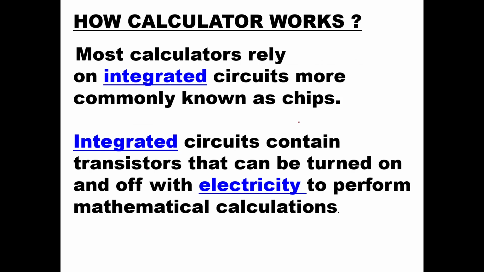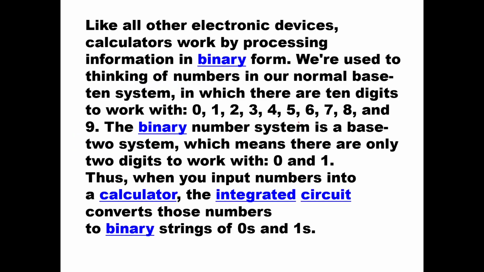Then we will go to see how a calculator works. Okay. Now most of our calculators rely on integrated circuits, more commonly known as chips. Integrated circuits contain transistors that can be turned on and off with electricity to perform mathematical calculations. Then, like all other electronic devices, our calculators work by processing information in binary form.